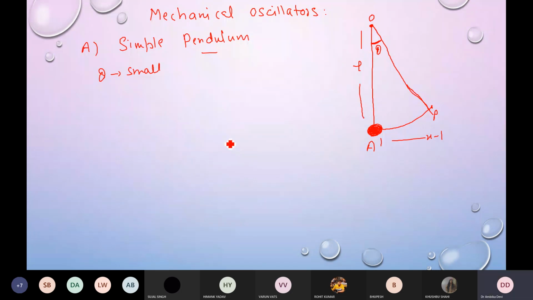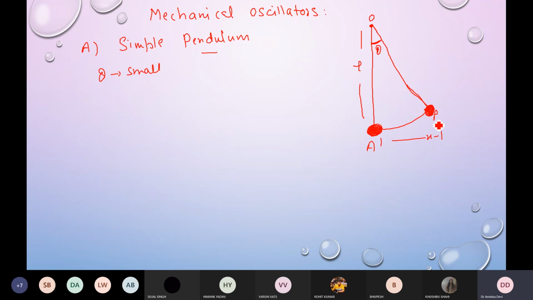Now, due to the weight of this bob, we can resolve the weight into two components here at this point P. At this point P, you can have the radial component as well as the transverse component.